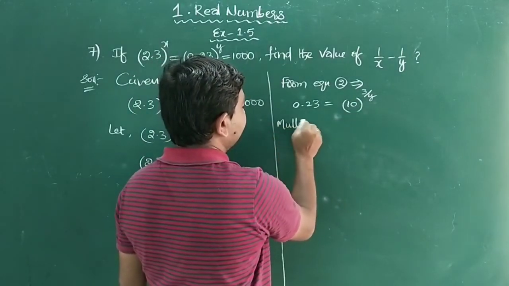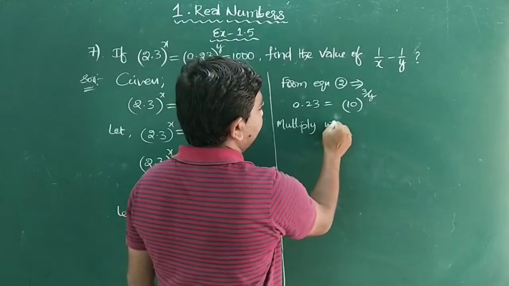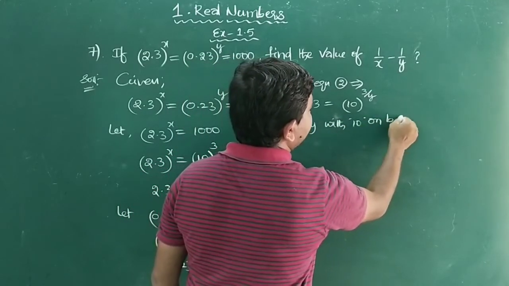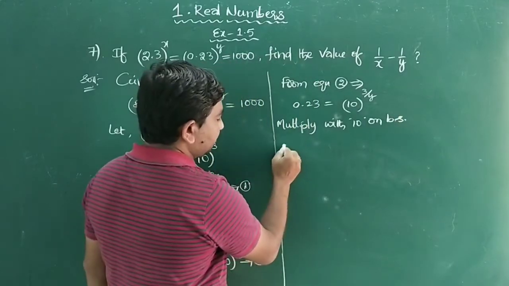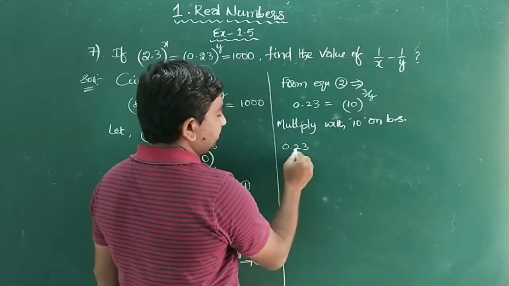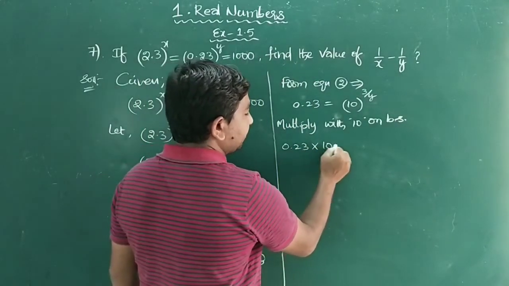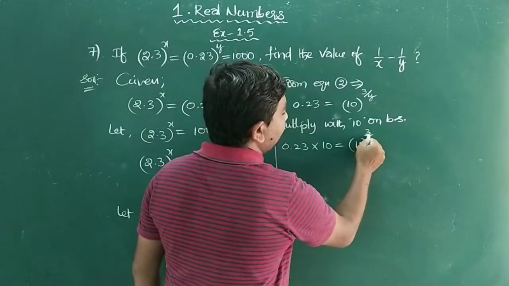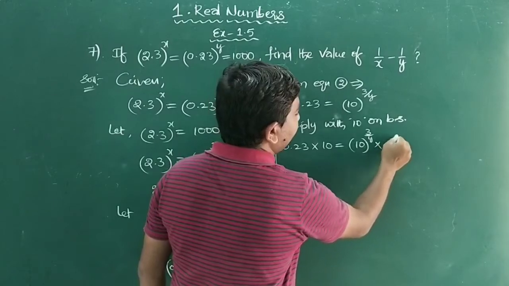Multiply with the 10 on both sides. So what will we get? 0.23 into 10 is equal to 10 to the power of 3 by y into 10 to the power of 1.